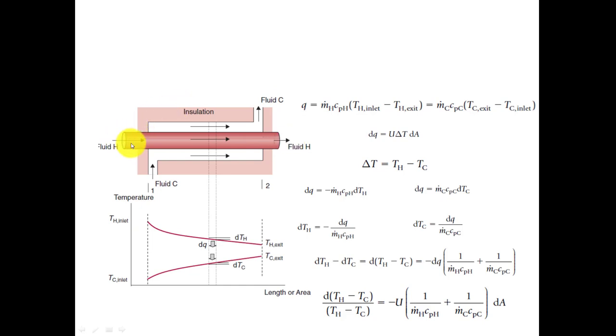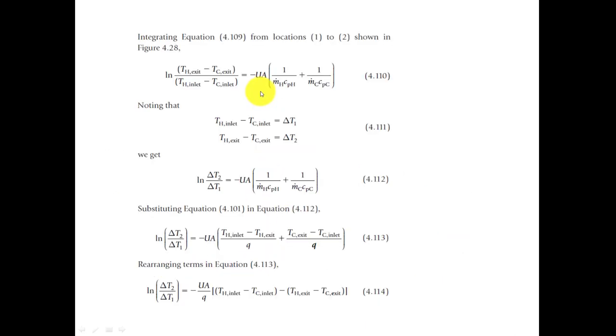Let the temperature of this hot fluid be 80 to 90 degrees. Let's assume it is 80 degrees centigrade, and the temperature of the cold liquid here was around 5 degrees centigrade. So as this liquid moves in this direction, the temperature of the fluid C will increase as it exits the system.